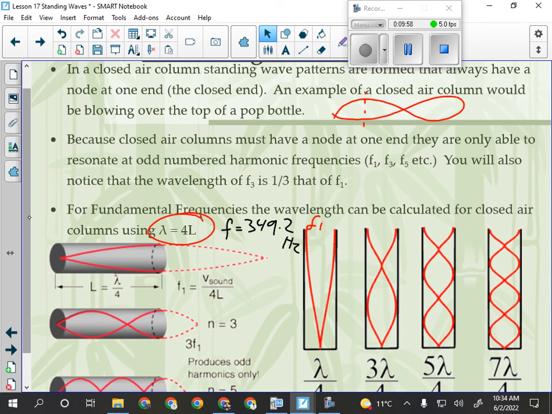It sounded like it was getting close to the top. Why does the sound change as I fill it up? Because there's less air. My air column gets shorter and shorter.